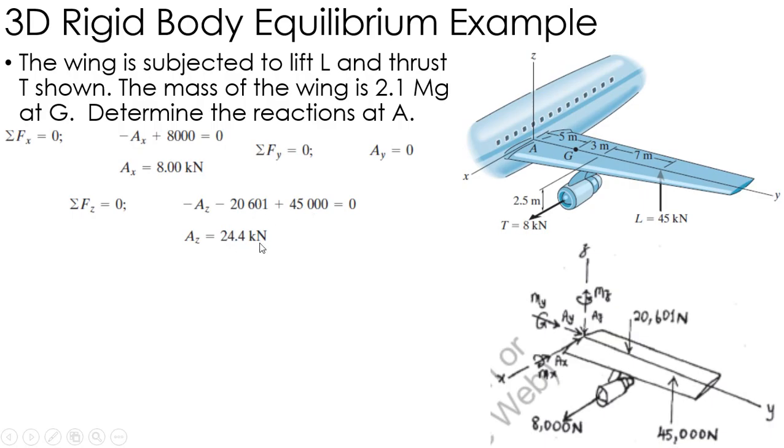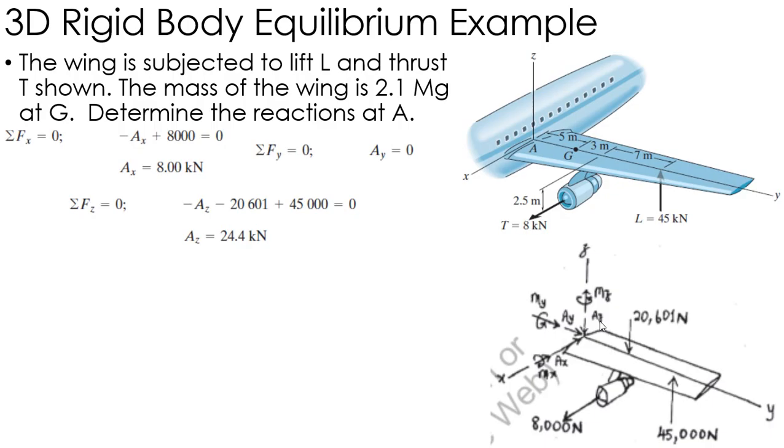And again, this is acting down. I drew it in the negative direction, so I actually get a positive answer here, meaning my free body diagram is correct. So, summing the forces in all three directions gives me my reaction forces occurring at point A.